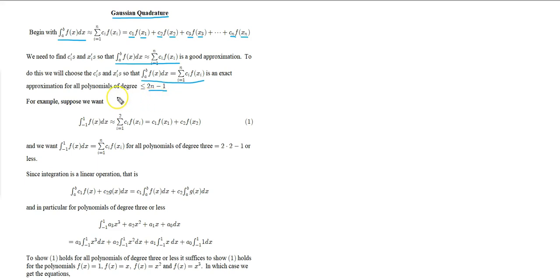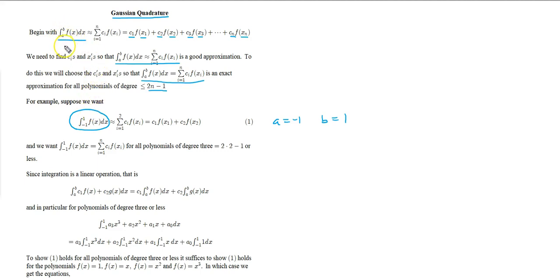Alright, so to start our Gaussian quadrature technique now, consider this definite integral. Notice the a is negative 1 in this case, and the b is 1. So we're just going to consider approximating the definite integral from negative 1 to 1.